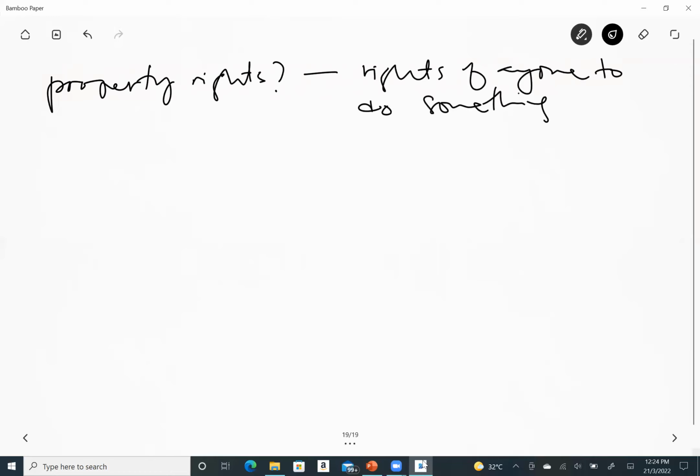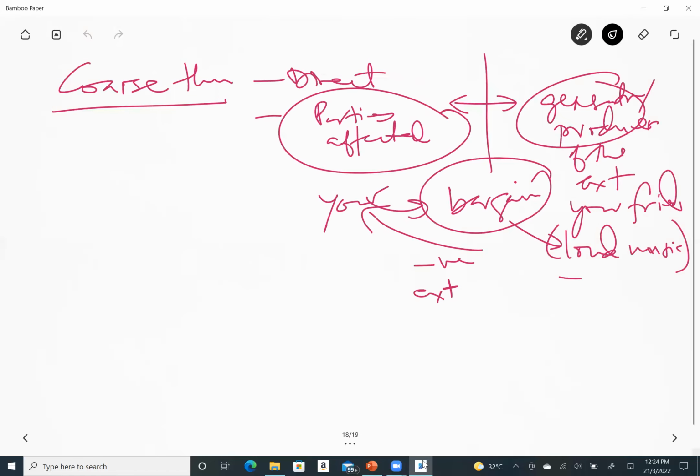Okay, example. Let's take the example from just now. The person, you and your friend, this is you, this is your friend. He likes to play music. Now, property right means the right of someone to do something. So something here is music.